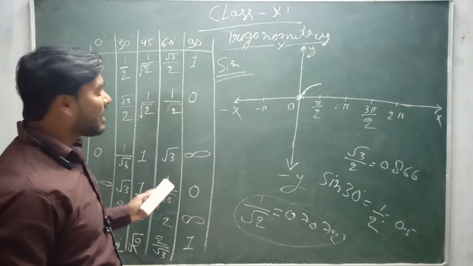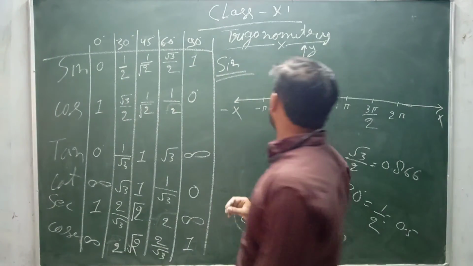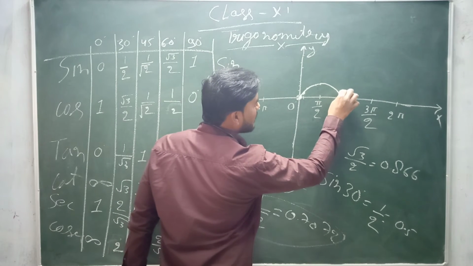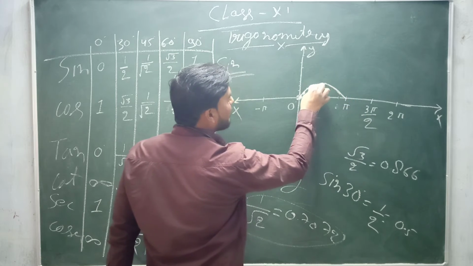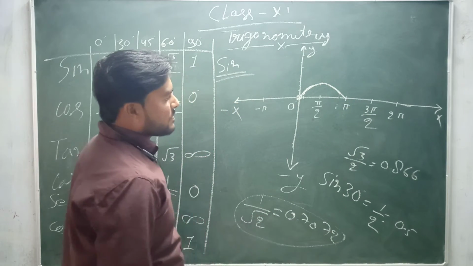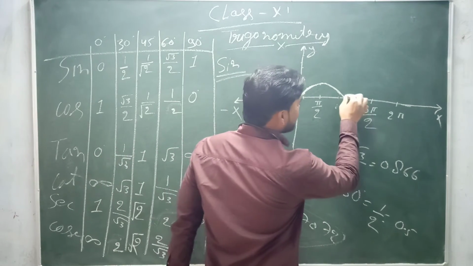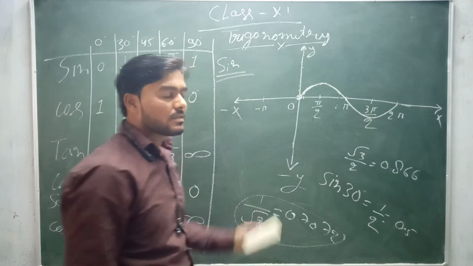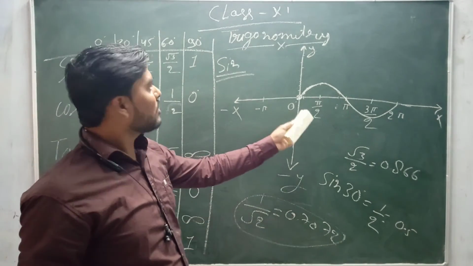Then it goes like this for the positive cycle, and for the negative cycle it will be like this. This is the plot of sine.